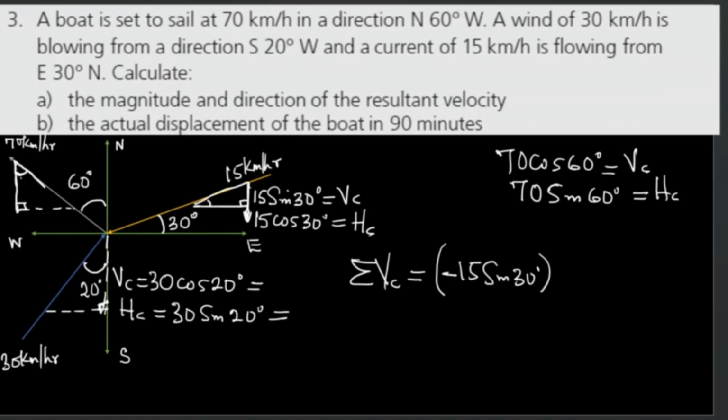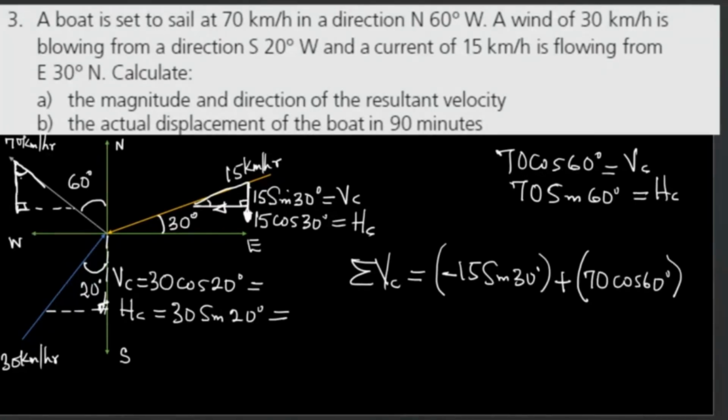Because with a vertical component, it's going to be facing down, and that arrow is going towards that side. Plus, the vertical component of 70 is going up, so it's going to be plus 70 cos 60.